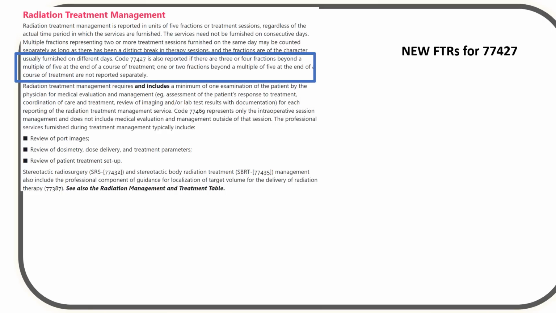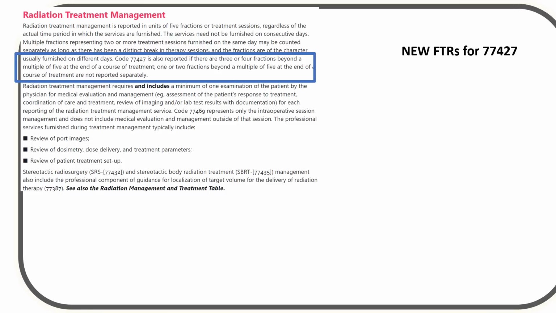Code 77427 is also reported if there are 3 or 4 fractions beyond a multiple of 5 at the end of the course of treatment. So if you have 7, 8, or 9, then your guidance is there. Beyond a multiple of 5, you can report 3 or 4 fractions.